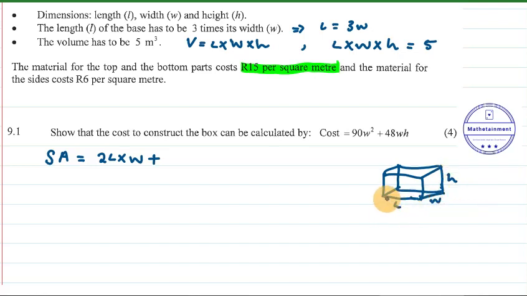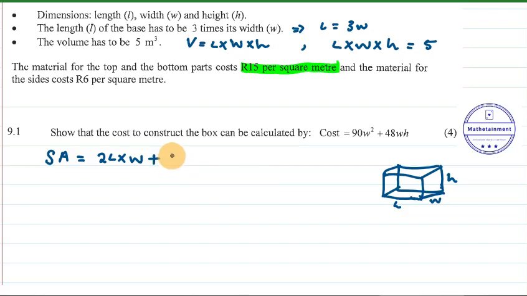So the bottom part and the top part consist of length times width. So it's 2 length times width, because it's the surface area for the bottom and the top part. And here, if you look carefully, you have a width and height, so it's a side view.